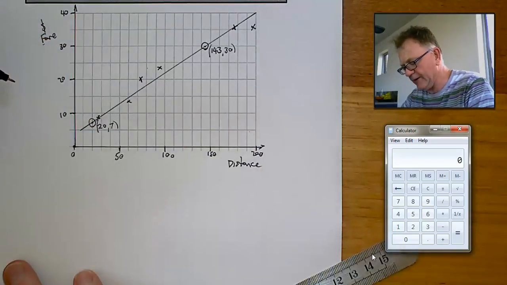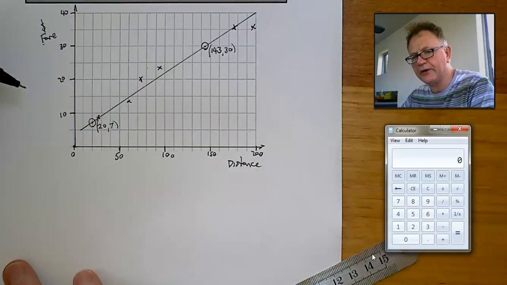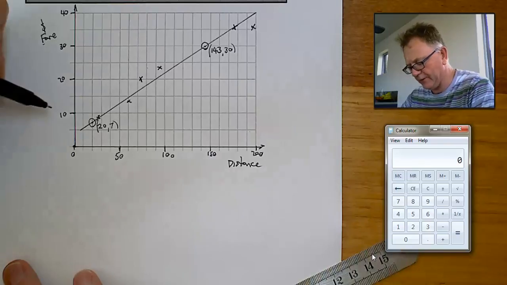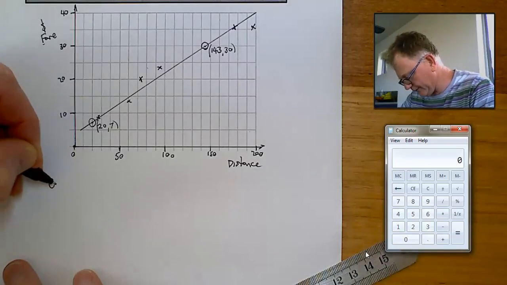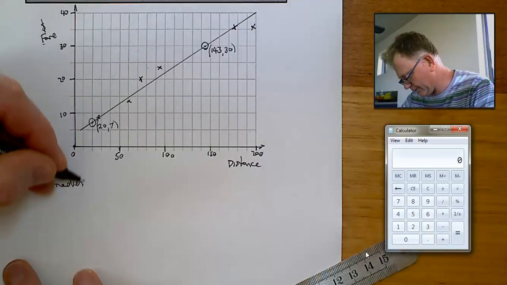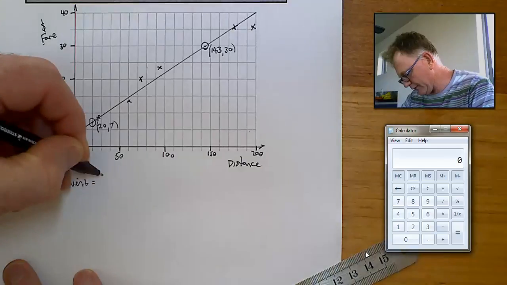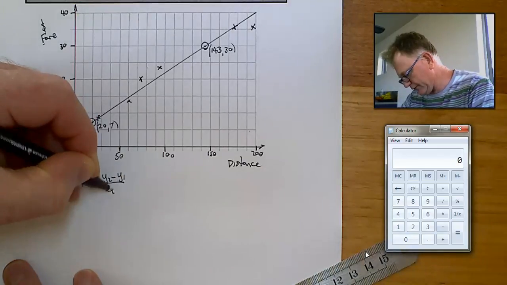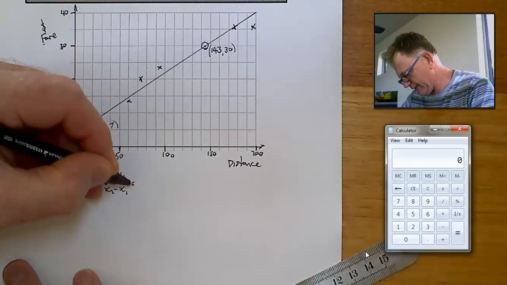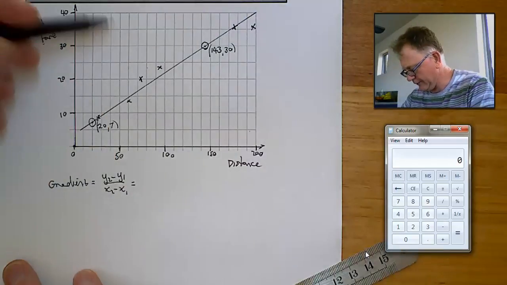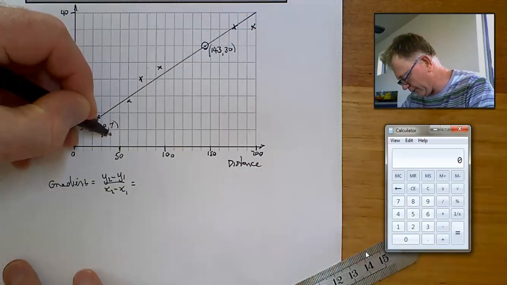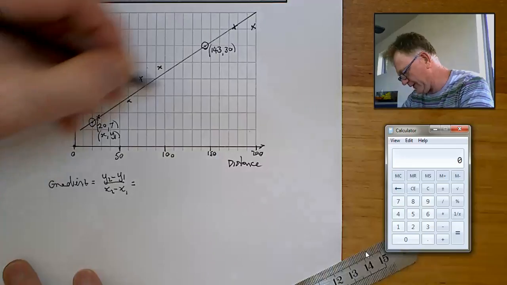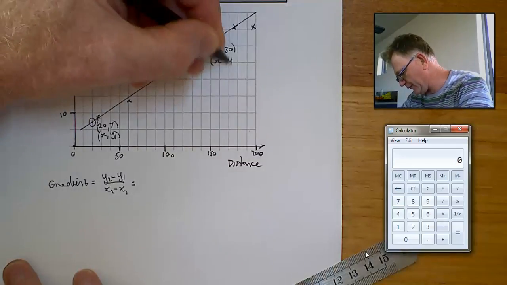Now that I've found those 2 points, I can work out the equation of the line between them. Firstly, work out the gradient using the formula rise over run, or y2 minus y1 over x2 minus x1. And in this case, well, let's call this point our xy coordinates number 1. And this point our xy coordinates number 2.